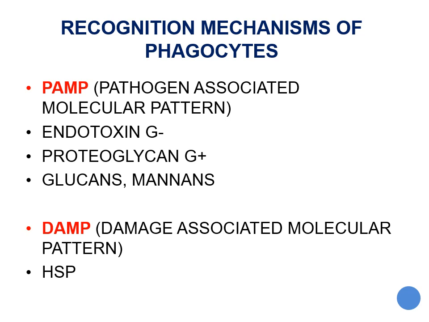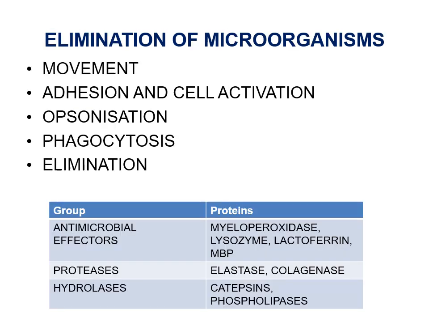And then DAMP, damage-associated molecular pattern, and HSP protein. Elimination of microorganism, of course, first one is movement, then adhesion and cell activation, opsonization, phagocytosis, and elimination, but some of the steps can be skipped.